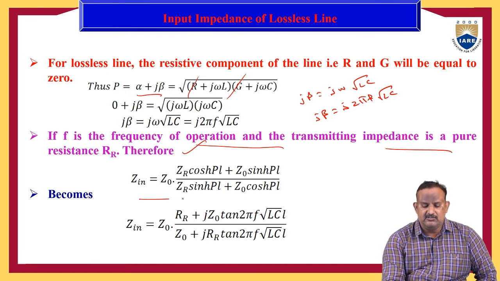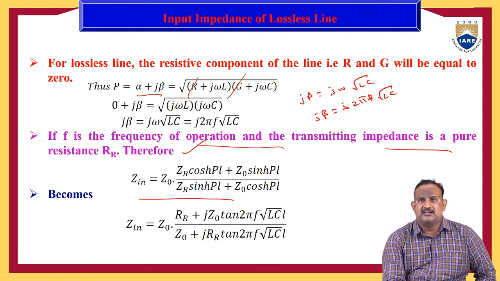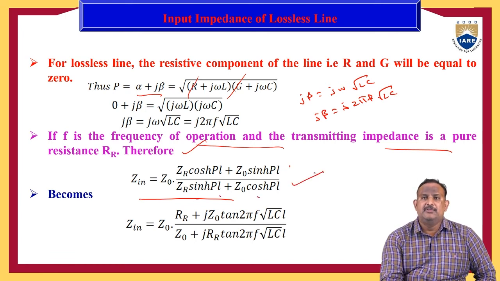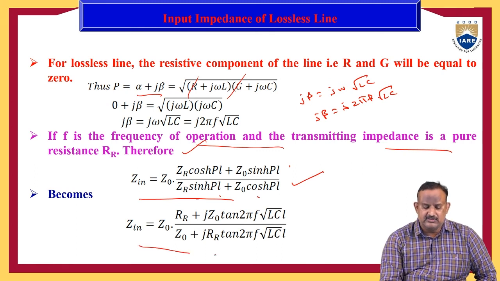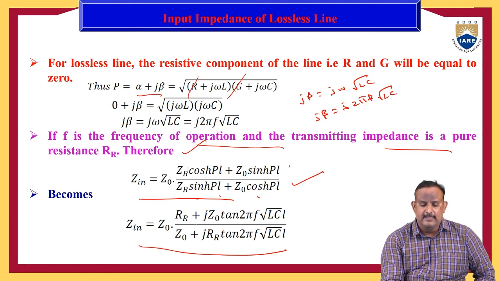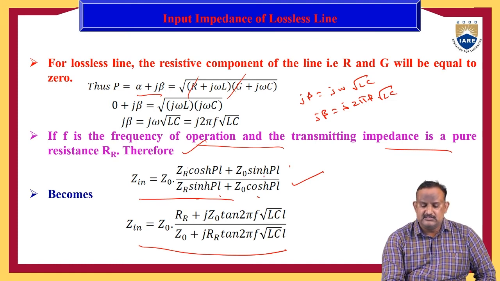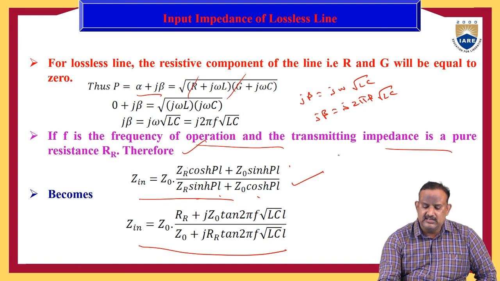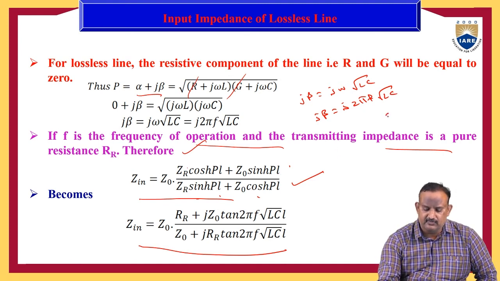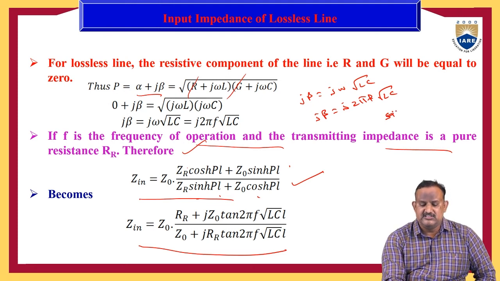Therefore, here we have Zn equal to Z0 into (ZR cosh PL plus Z0 sinh PL) by (ZR sinh PL plus Z0 cosh PL). I am converting the impedance to resistance. So in terms of resistance, Zn equal to Z0 into, in place of ZR, I am writing RR only, the purely resistive part, plus sinh PL. Here I am dividing the equation by cosh PL.